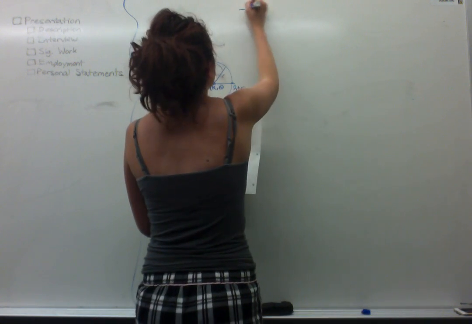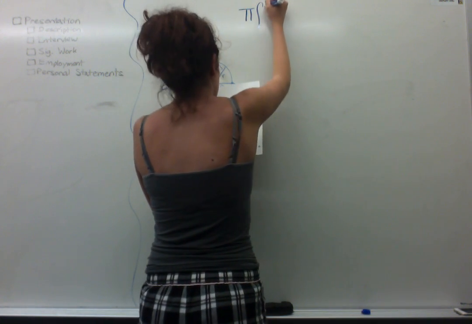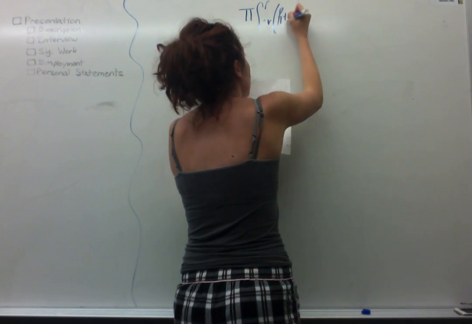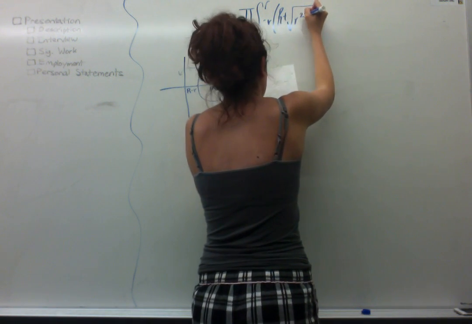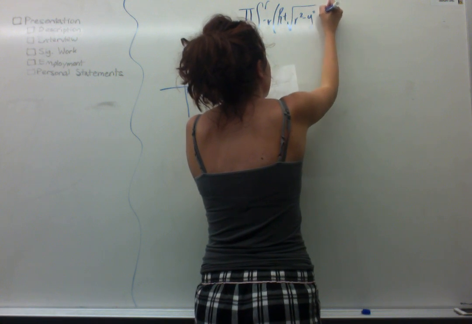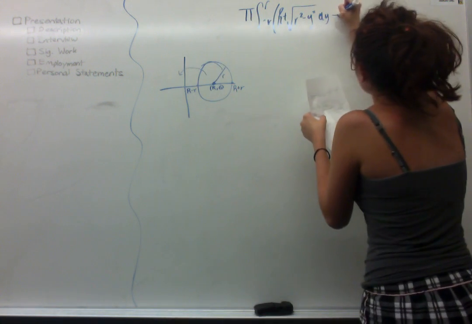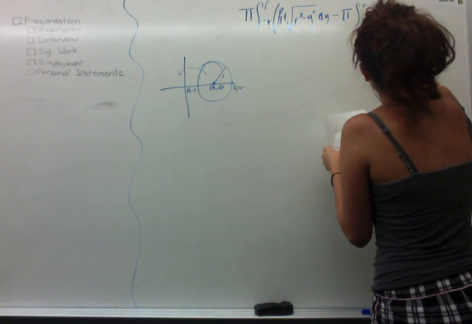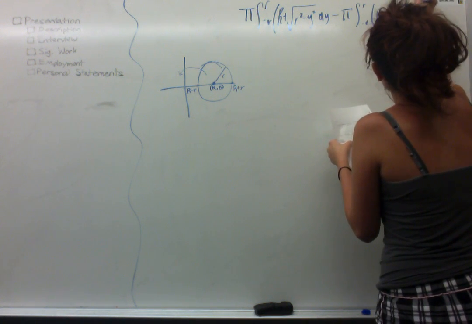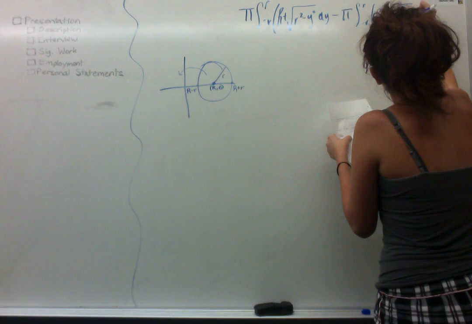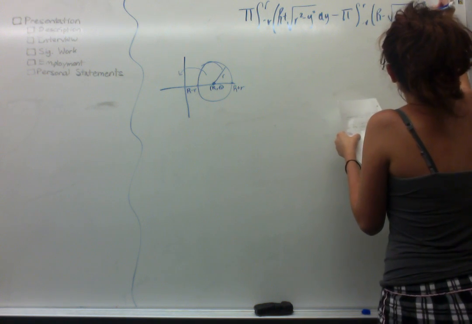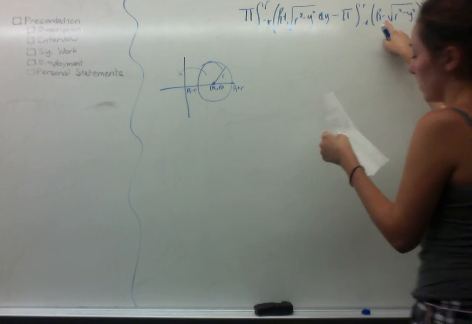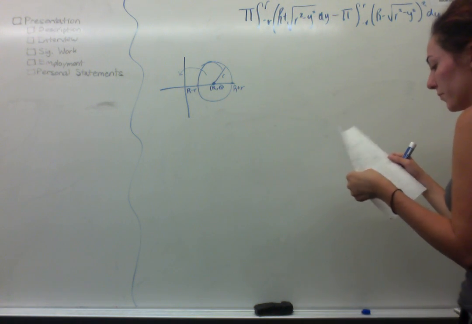So we're going to do pi, integral from negative r to r, of (R plus the square root of r squared minus y squared) squared dy minus pi, integral from negative r to r, of (big R minus the square root of r squared minus y squared) squared dy. So you see we have the plus situation and the minus situation from the root.